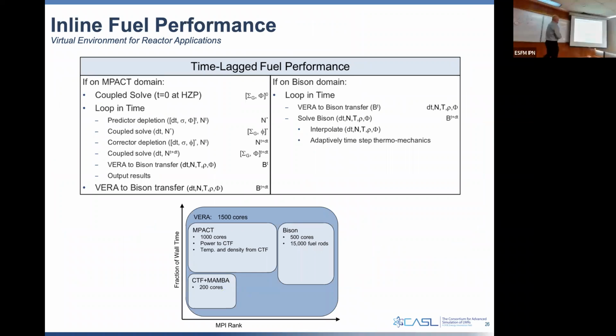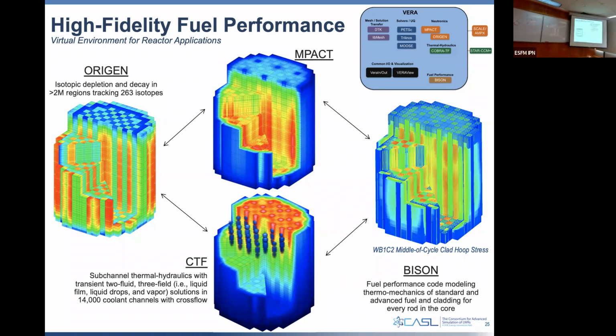One option is to not have them coupled. Take a step back and go, you know what, maybe we don't need them coupled. Maybe instead, we just want the Bison solution. So maybe we treat all of this the way we were doing it before, but we treat Bison the way we treated Shift. At the end of this time step, once we know the powers and the clad surface temperature from the coolant, we can pass that information over to Bison and it can compute all of the fuel.